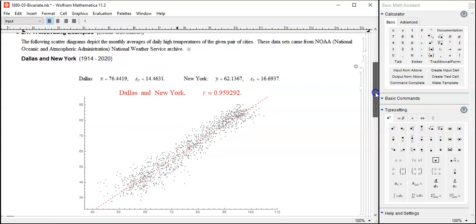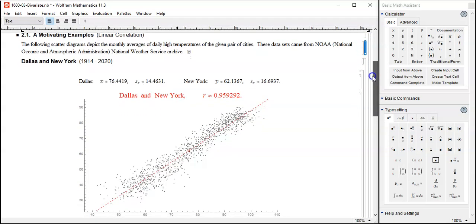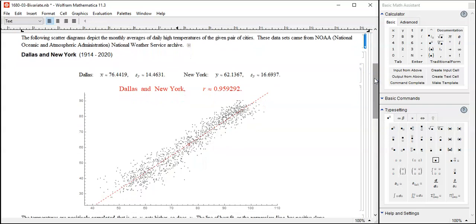By the way, this scatter plot is the monthly averages of daily high temperatures of Dallas and New York from 1914 to 2020. The data sets came from the NOAA website, and it's public data, but I got the data and processed and presented this picture myself, so the copyright belongs to me, so I can do anything with this.